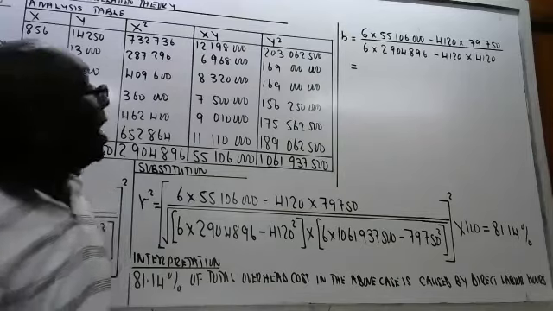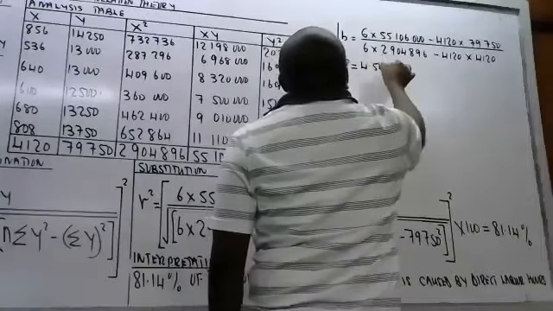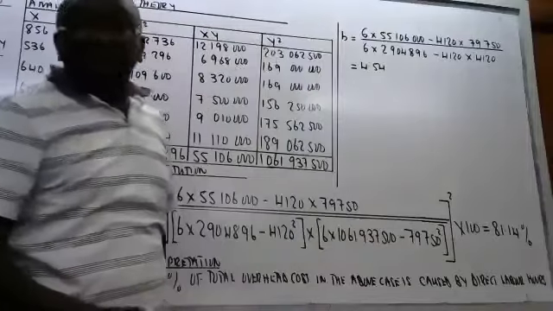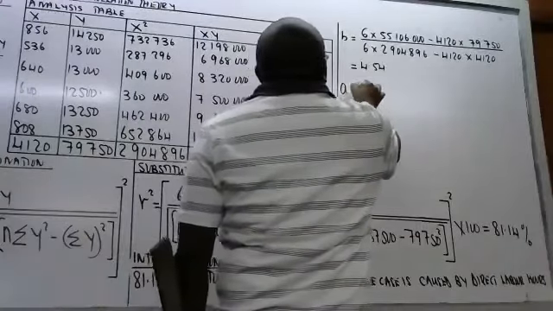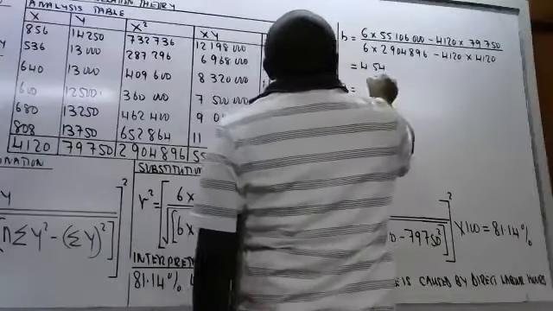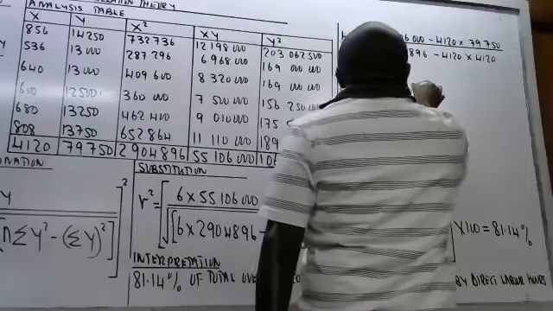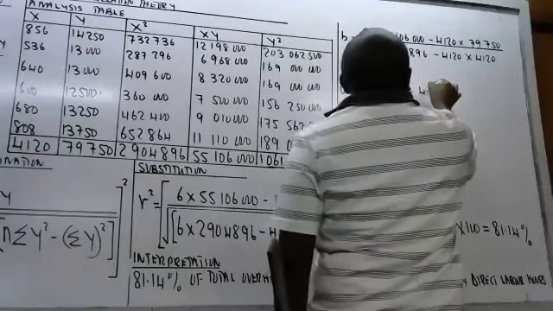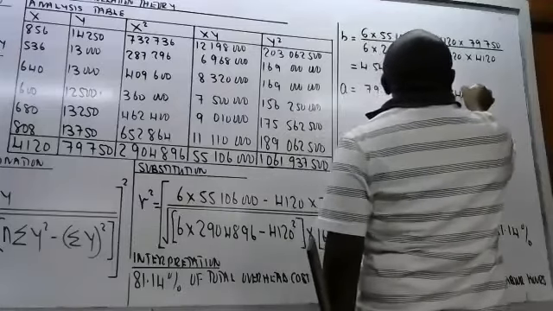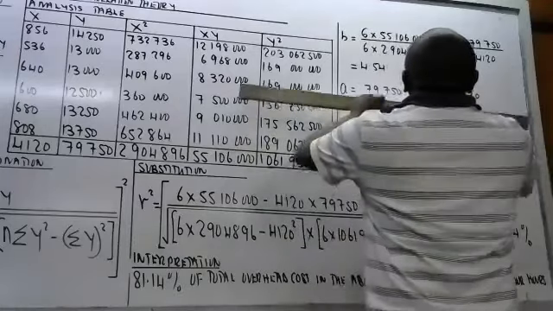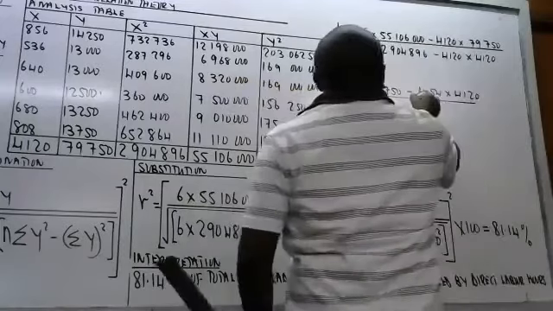Okay, 4.54. You can see the answers coming. Good. Then A is sum of y, 79,750, minus 4.54 times sum of x, 4,120. You divide by 6.